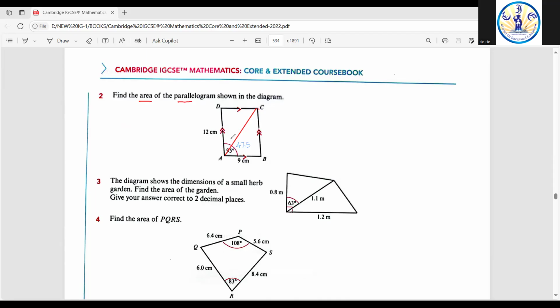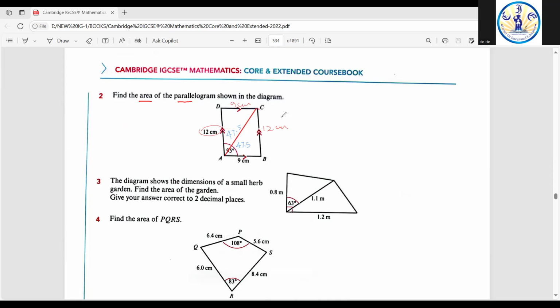Forty-seven point five. 47.5. Like we have divided the angle into two equal parts, and for the sides, you know that the opposite sides of a parallelogram are equal. If this is the side 12, so this has to be 12 centimeters as well, and same goes for the other pair of the parallel sides.